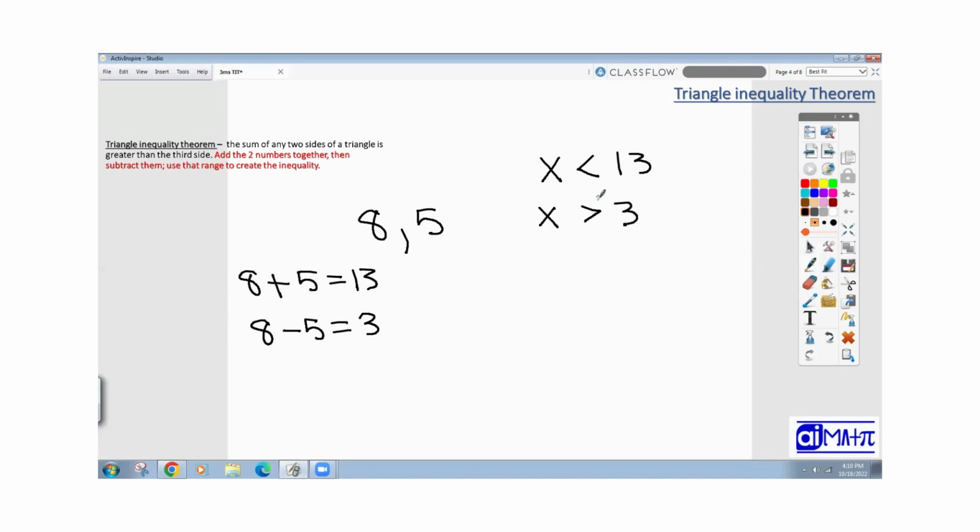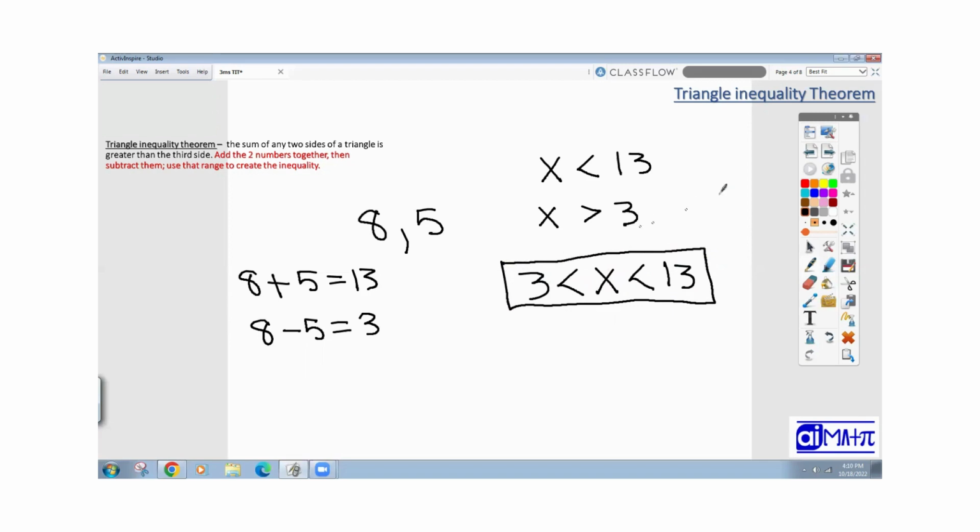And you're just going to put these together. 3 is my low number, so it is less than x. And then 13 is my high number, so I'll create another less than sign. So x is bigger than 3, but it's smaller than 13. So any number inside of this would form a triangle. And this is the inequality that you would have.